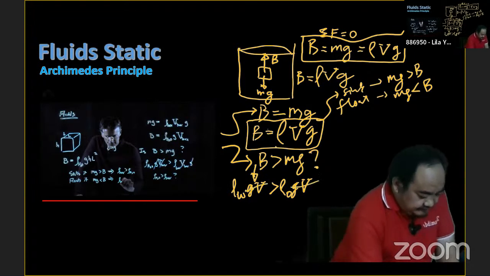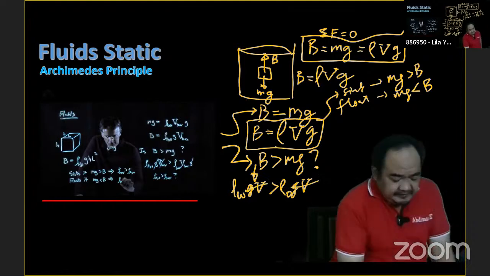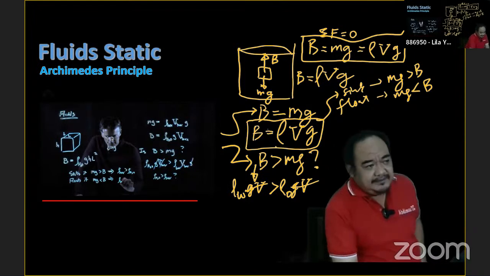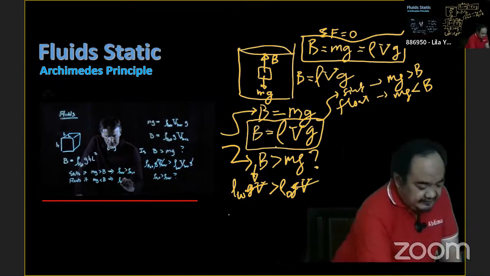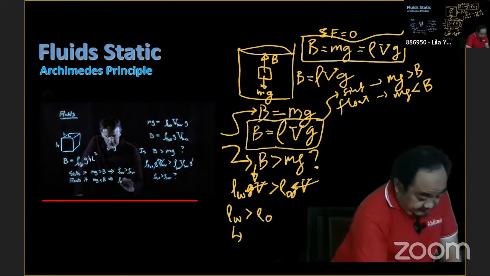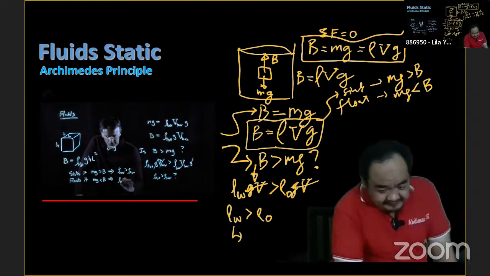And the indicator of sink or float you can find just from the density. If the density of the water is greater than the density of the object, it will float.